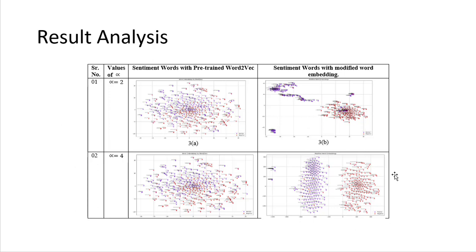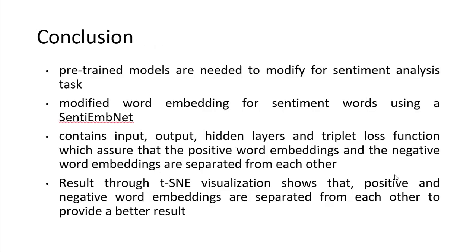So, in conclusion, we can say that pretrained models need to be modified according to the sentiment orientation of the word. Modified word embedding for the sentiment word can be used for sentiment analysis. This modification is done with the help of SentiEmbNet.